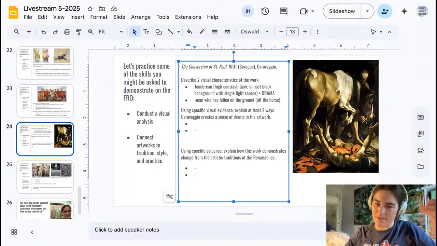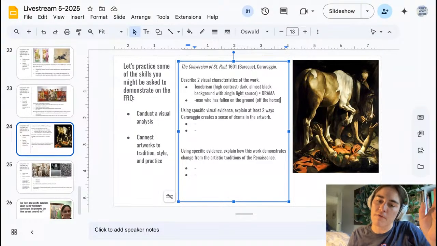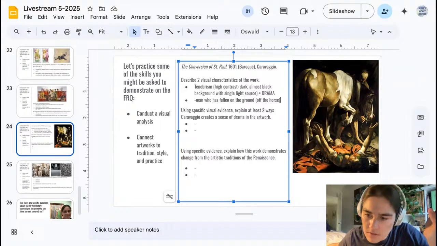It's hitting on his body, right? So this particular narrative is not something that is covered in the AP curriculum, but essentially, if I remember correctly from the story, there's a guy named Saul, and then he falls off of his horse because he receives this revelation from God, and then he changes his name to Paul.